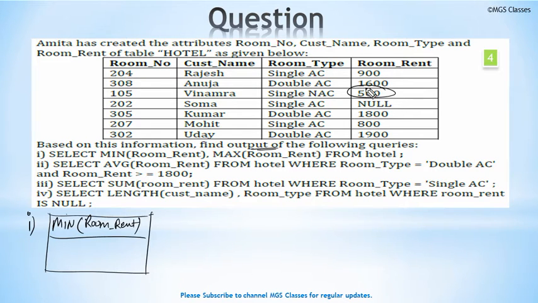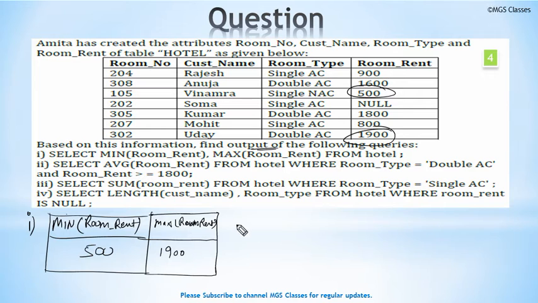You can see here 500 is the minimum value, so 500 will be the output. In the same way, the second portion of this query asks for maximum of room rent. Maximum of room rent is what? In this table the maximum room rent is 1900, so we will print here 1900.